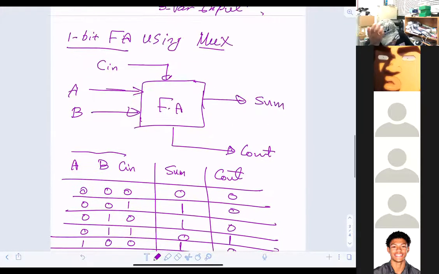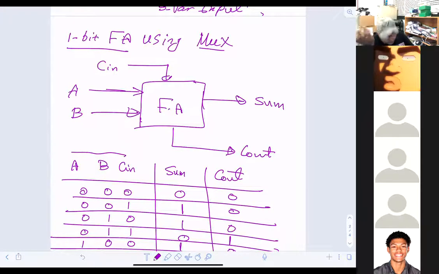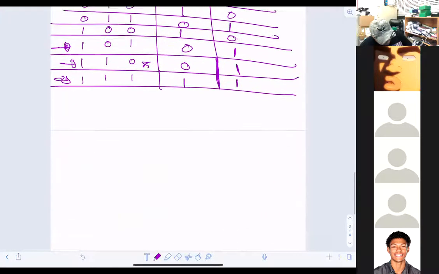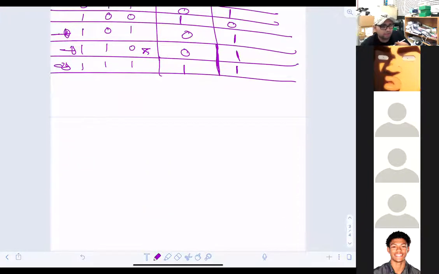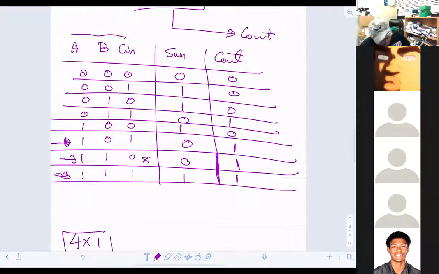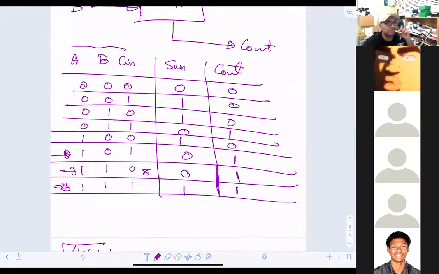Then we will say, Professor Ali said build it with multiplexer, but he didn't say what size of multiplexer, right? It can be any size of multiplexer. Let's say that I, as an examiner, told you to build it with 4x1. First of all, how many multiplexers do we need for building this as a 4x1? 3.